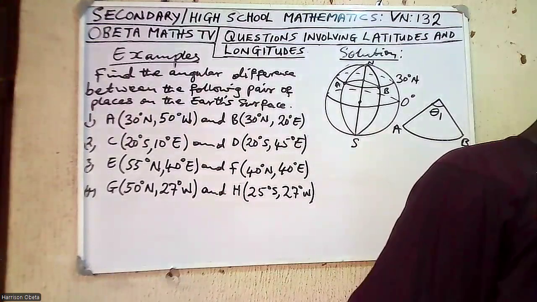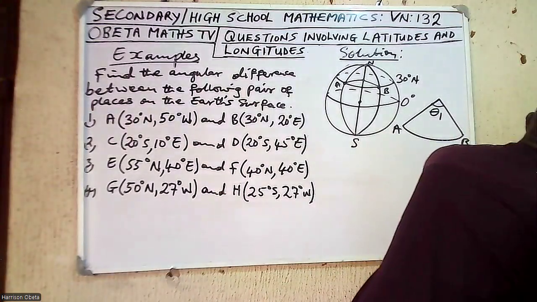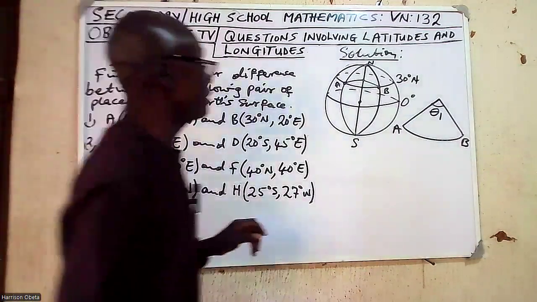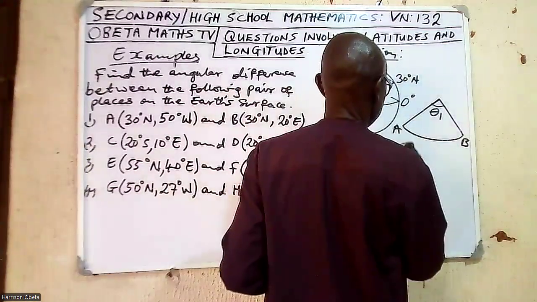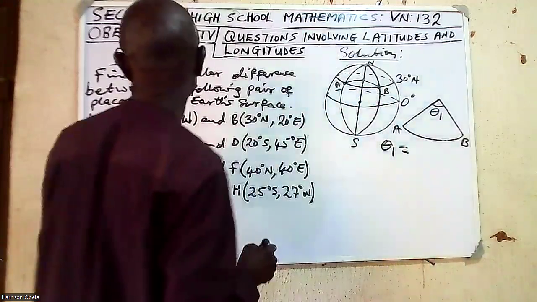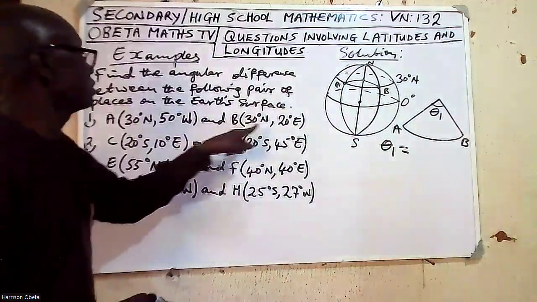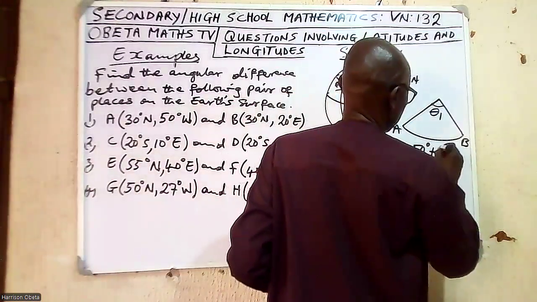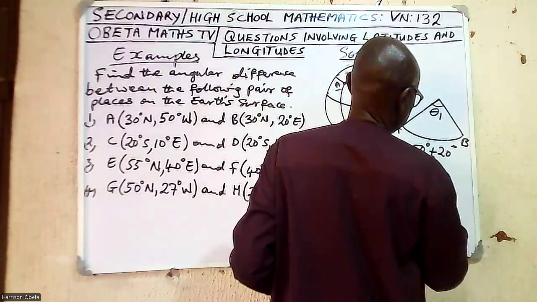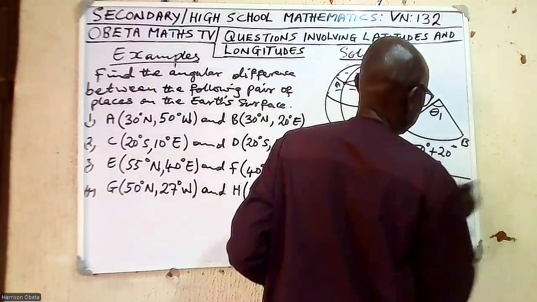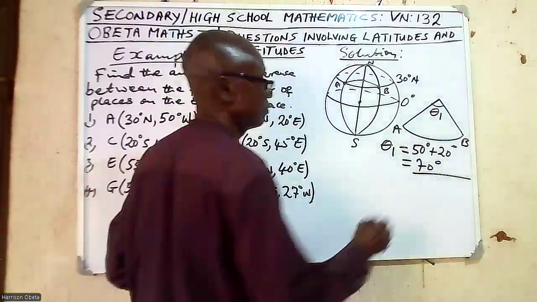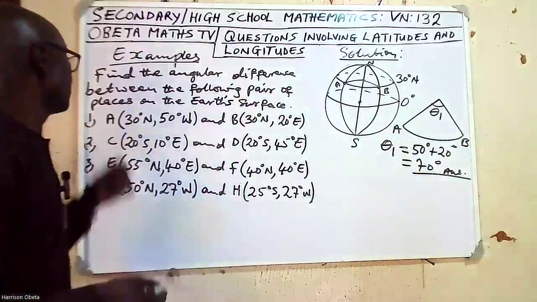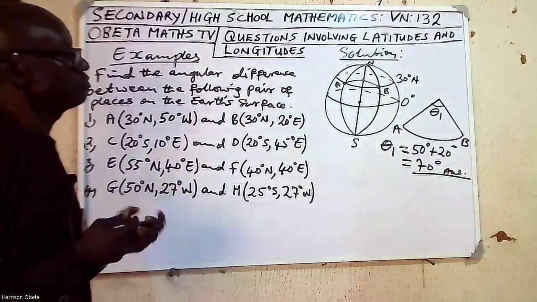So for us to find the angular difference, theta 1 should be equal to 50 degrees plus 20 degrees, and that is 70 degrees. So that's the angular difference. We have succeeded in getting the first one.